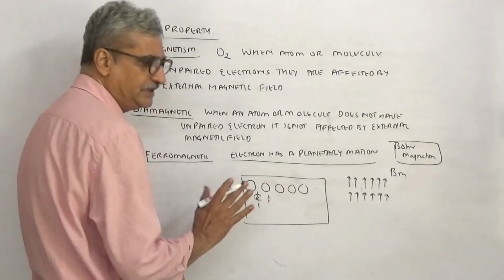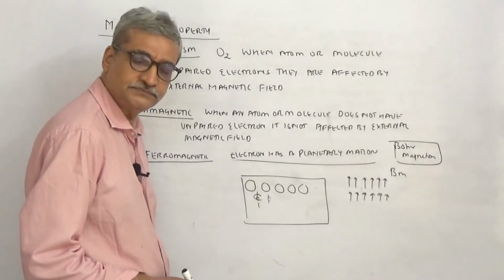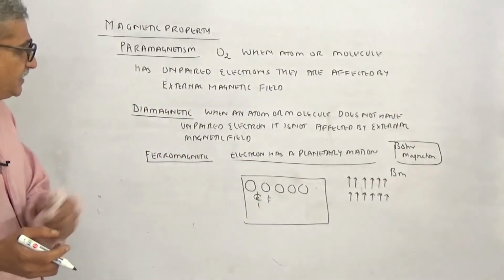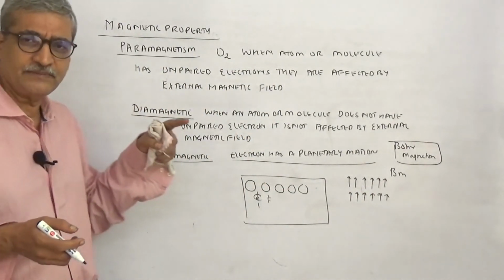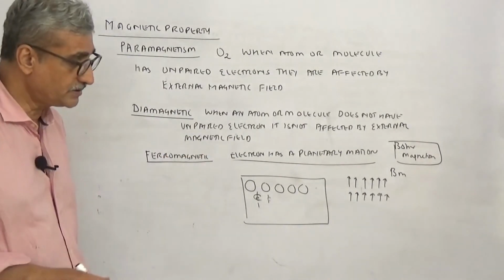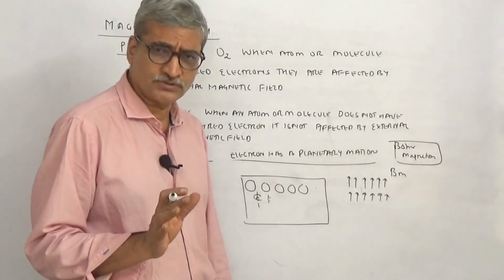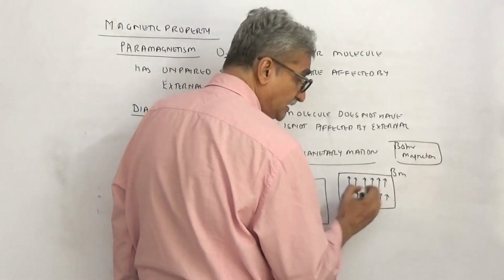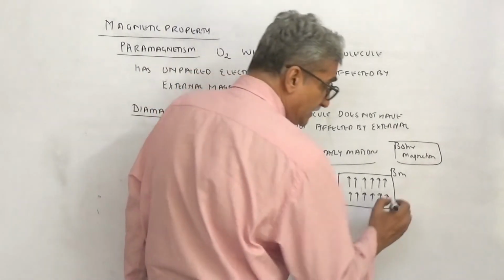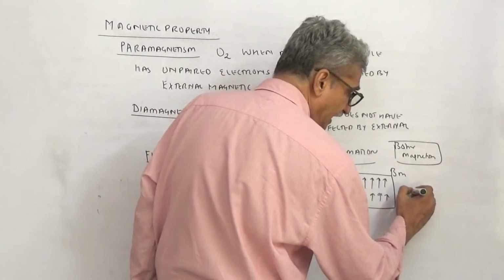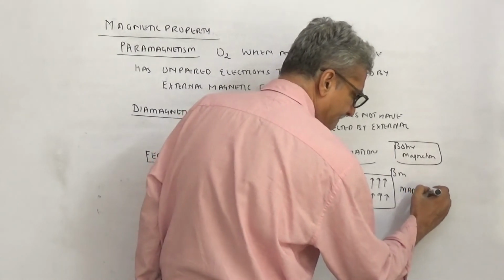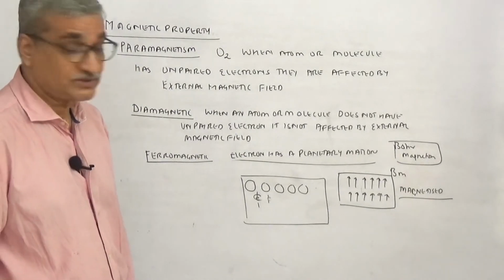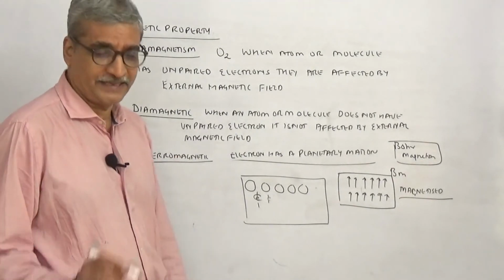Fine. But when you remove the external magnetic field, in paramagnetism the original moments are restored. In this case, the original moment is not restored. They remain like this, and there is a net magnetic moment. That means the metal has got magnetized. It itself has become a magnet. That is called ferromagnetism.